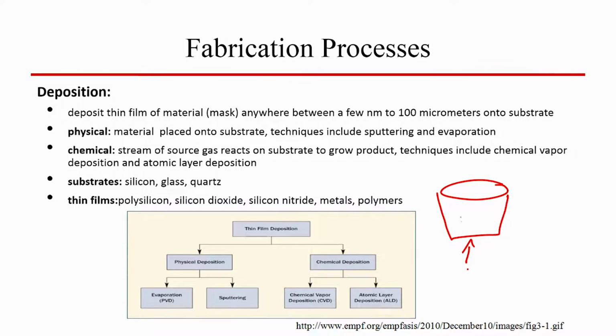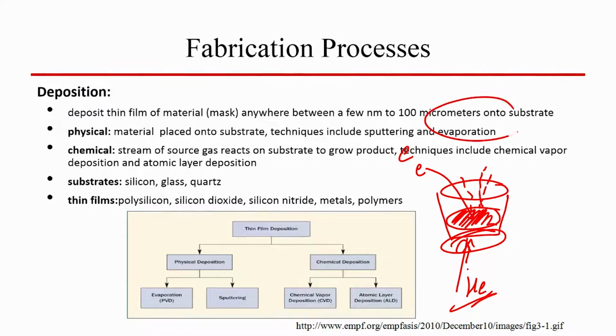In this crucible, I will load the material that I want to deposit, and then the electron beam will be incident on this material, and the material starts evaporating. The cooling is done with the help of helium on the back side, and then the substrate will be coated with this particular metal.